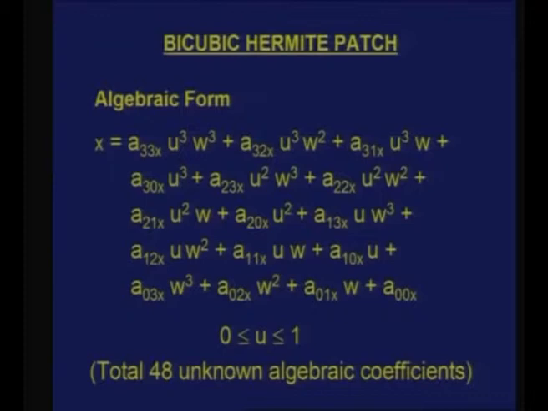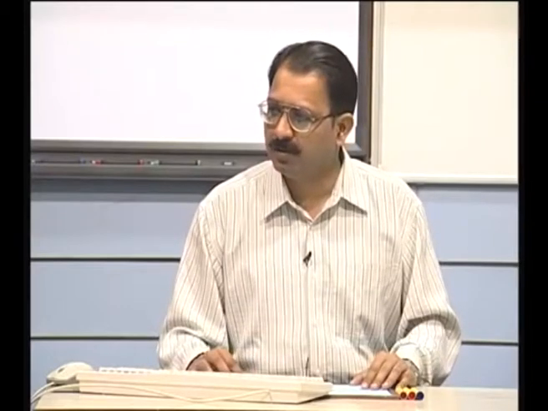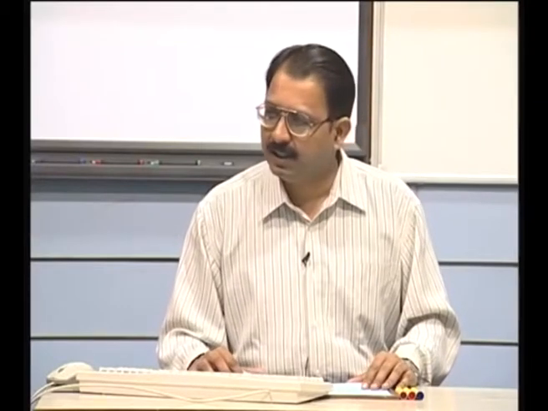This is the most common. One can also think of having a cubic quartic patch, or quartic quintic patch, or cubic quadratic patch. So, there can be different versions which are possible, and the most common version of course is the bicubic Hermite patch.